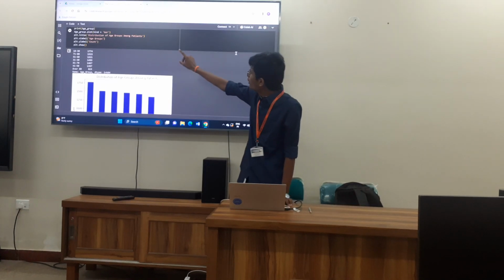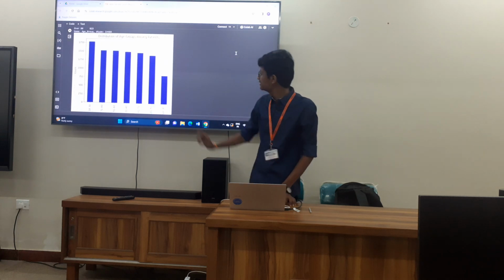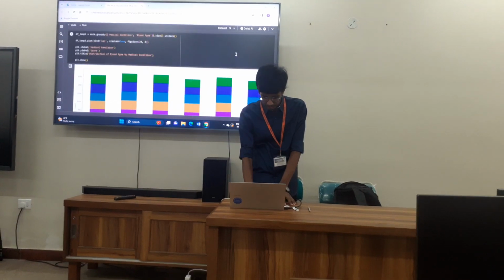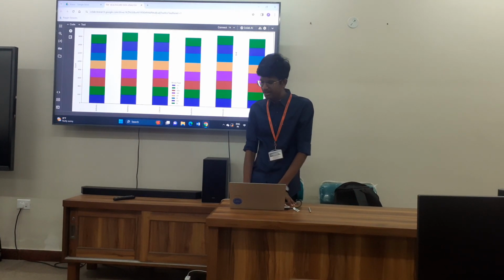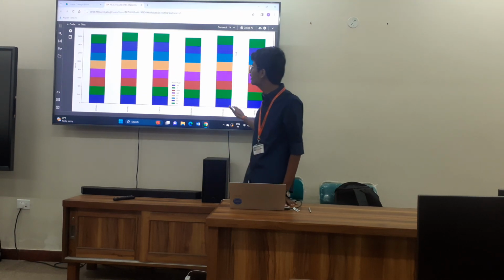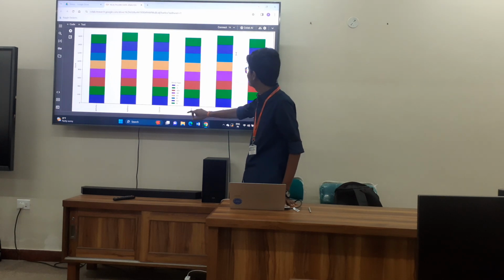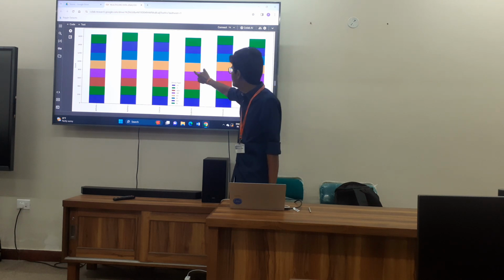This is the count of the number of people coming under different age groups, and this is the plot of it. And this is the plot of distribution of blood group among different medical conditions. These are the various blood groups: this stands for O positive, this for O negative, this for B, this for B positive.